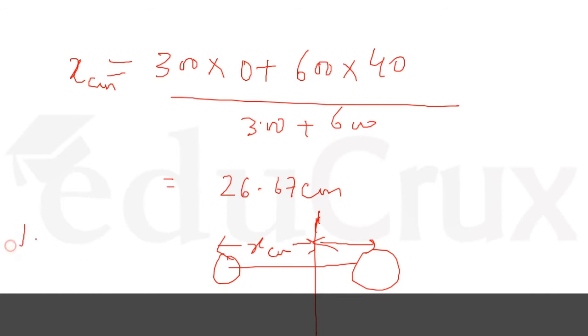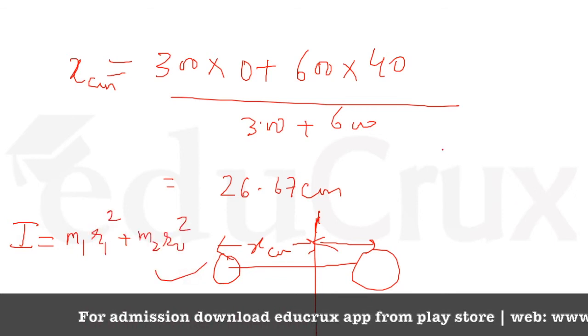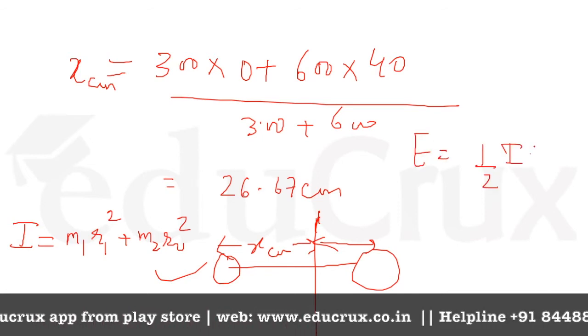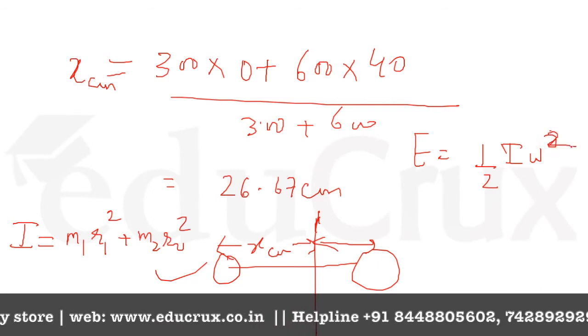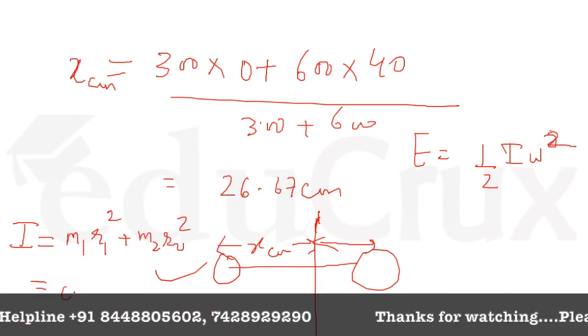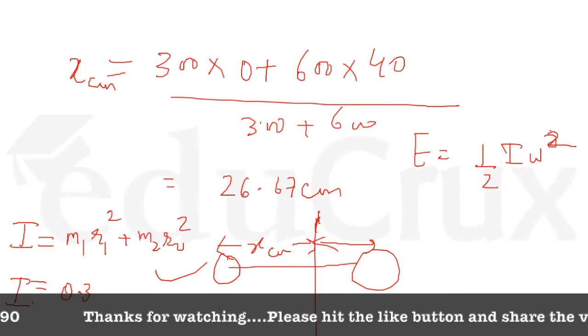So for moment of inertia, I is equal to m1 r1 square plus m2 r2 square. And after we calculate the moment of inertia, for rotational kinetic energy we will use half I omega square, because omega for both the balls is the same. Okay, so now we'll write it in SI units, because we want the moment of inertia in SI units.